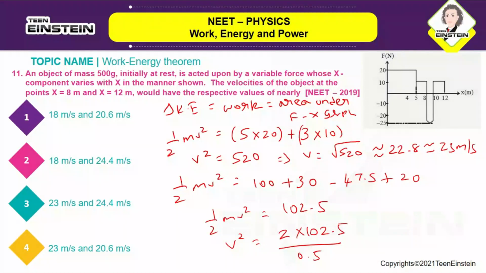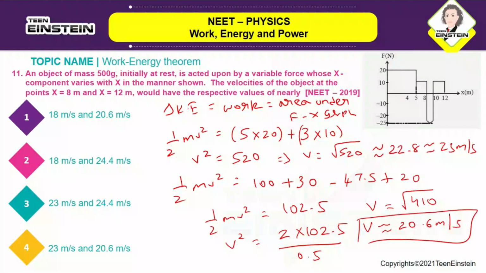Here they are giving 500 grams, we are converting it to kg, so it becomes 0.5. If you solve this, you will get v as root of 410, or approximately 20.6 meter per second. So, the correct answer is option number 4. The velocity at x equal to 8 meters is 23 meter per second, and at x equal to 12 it is 20.6 meter per second.